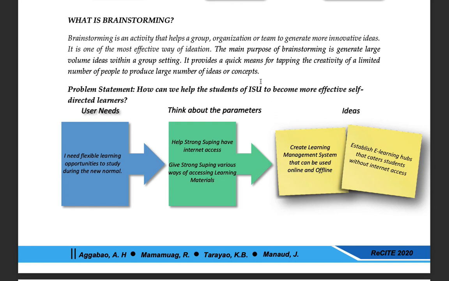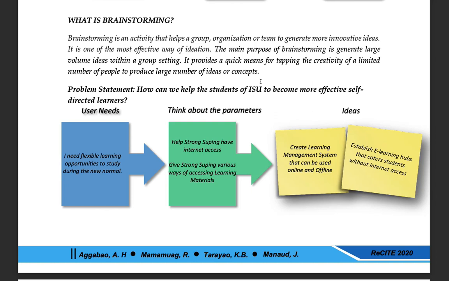Okay? So what are the parameters? You have to think about it. If you can still remember, the name of the persona in this module is Strong Suping. One parameter is to help Strong Suping have internet access. Another parameter is to give Strong Suping various ways of accessing learning materials.